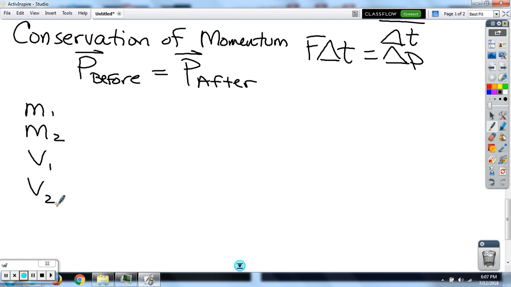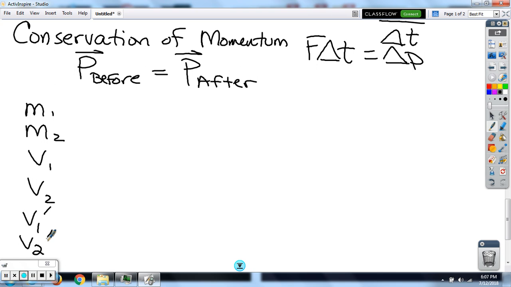So after the collision, we still have m1 and m2. But their velocities might be different. To denote the change in each velocity, for the first object, its velocity after the collision will be v1 with this little prime symbol up at the top right. And similarly with the second object, it's v2 prime.